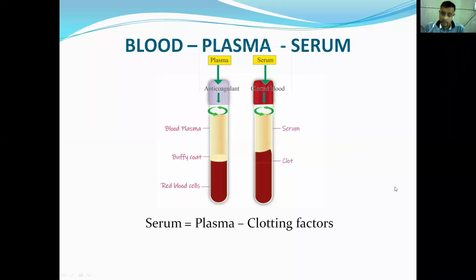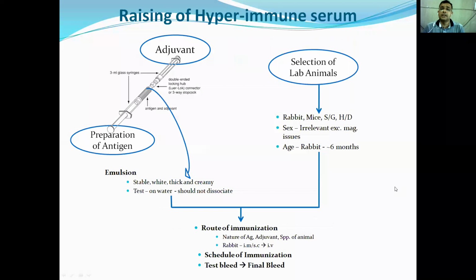Now, after clearing this, we will come to the main slide, that is how to raise the hyperimmune serum. Immune serum, we had discussed, is serum that contains the specific immunoglobulins, or we can say the antibodies. So serum that contains the specific antibody is known as immune serum.